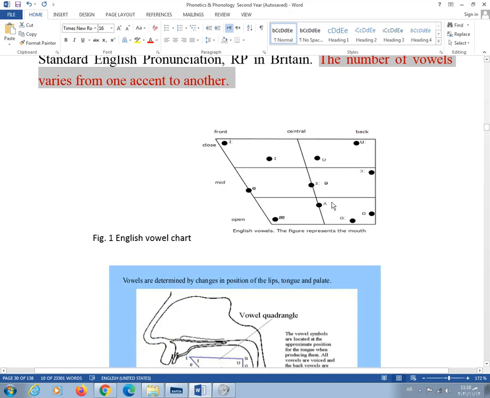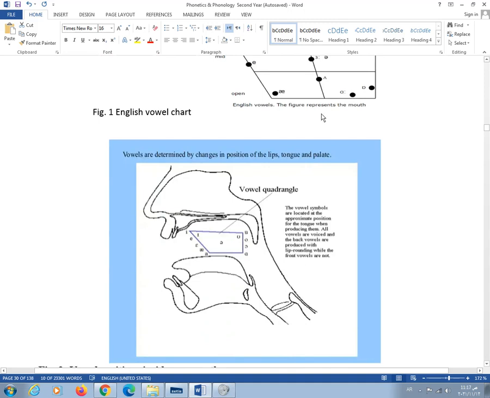So this vowel, which is i, is said with our mouth closed. As you see, the tongue is raised in the mouth, and we say it with the front of the tongue. On the other hand, a vowel such as a, we say it with our mouth open, and somewhat with the back of our tongue. So this is a shape, and as you see here, it's inside our mouth.